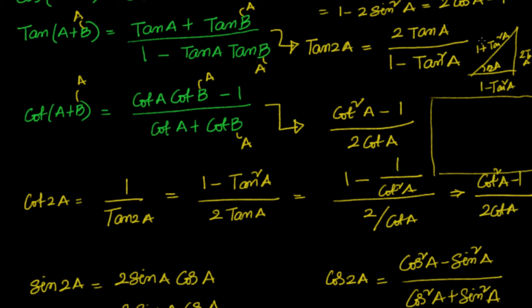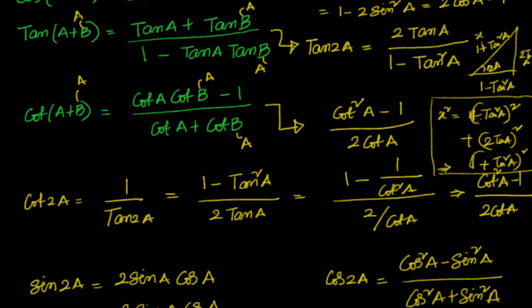What I am saying is, let us say x is the hypotenuse, x square is equal to 1 minus tan square A whole square plus 2 tan A whole square. If you simplify that, that is nothing but equal to 1 plus tan square A whole square.